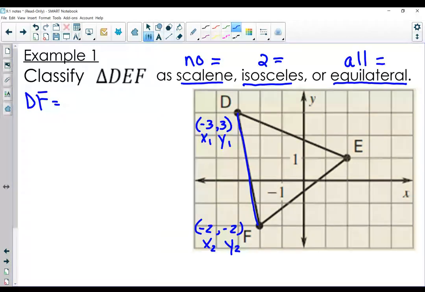Now I need to substitute these into my distance formula. We do x2 minus x1. So square root of, don't forget the square root, -2 minus -3 squared plus, and then y2 minus y1. So -2 minus 3, the quantity squared.